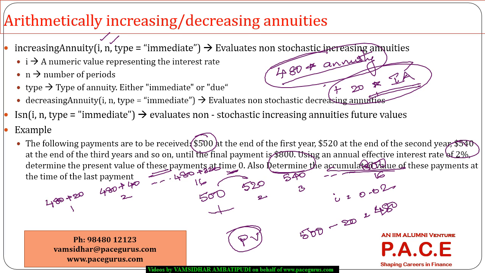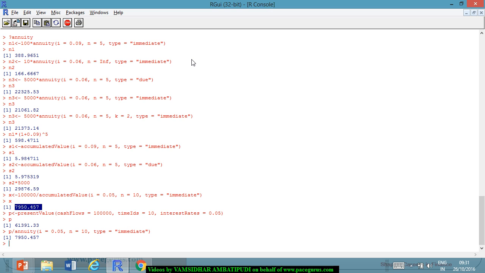I know here it's 16 periods, and type immediate means the payment is made at the end of the period. So I just need to give those three inputs quickly. Let me see, increasing annuity.